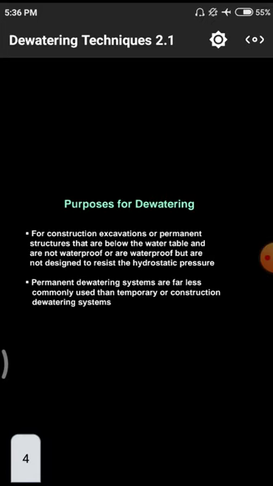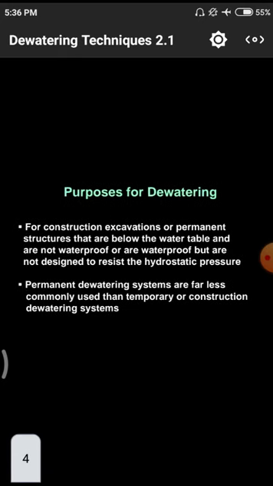Normally in design, like RCC and steel, we give loads from the top of the structure like dead load, live load, wind load, earthquake loads and other kinds of loads. But in the case of hydrostatic force, it is applied from the bottom of the structure, that means below the ground level or sometimes beside it. So we need to remove this hydrostatic pressure by using these different dewatering techniques.